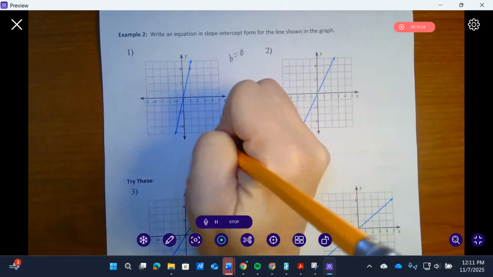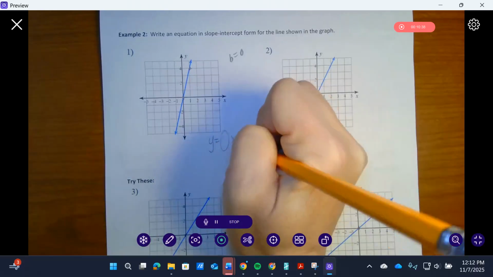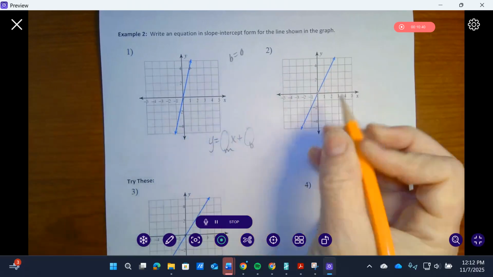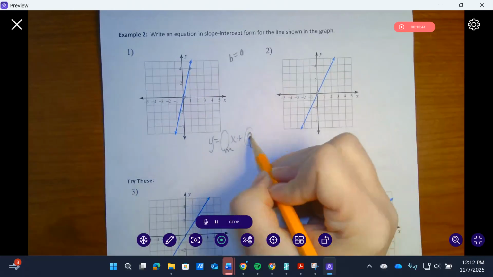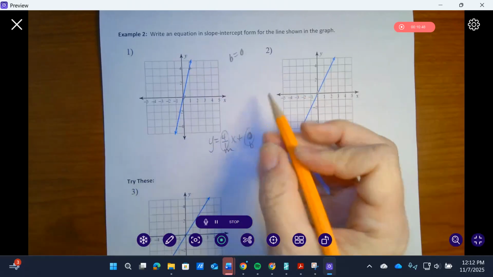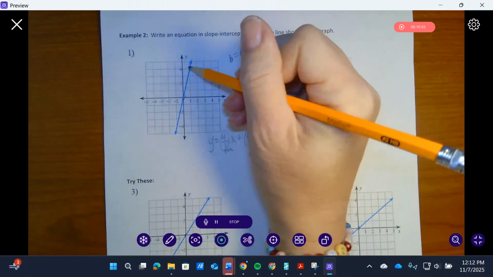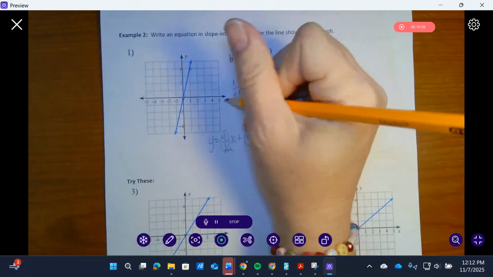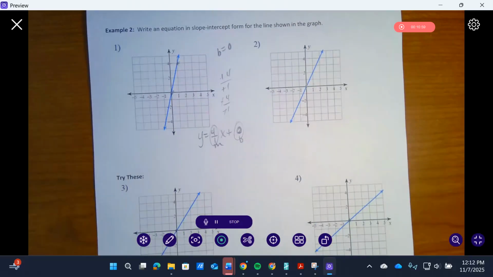So again, my framework for a slope-intercept form of a line is like this. I got to find my slope, I got to find my y-intercept. My y-intercept is (0, 0). My slope is 4 over 1. Rise 4, run 1. Okay, or if I started here, I could go down 4, left 1. Okay, and that would cancel my negatives off, or divide my negatives off.